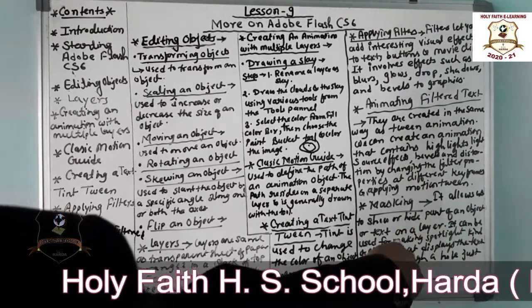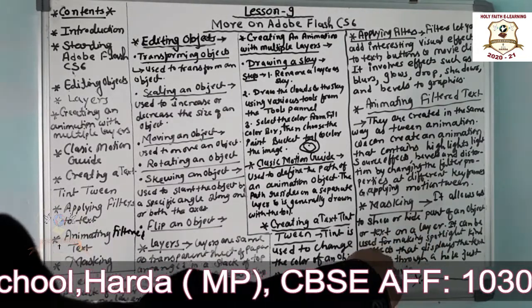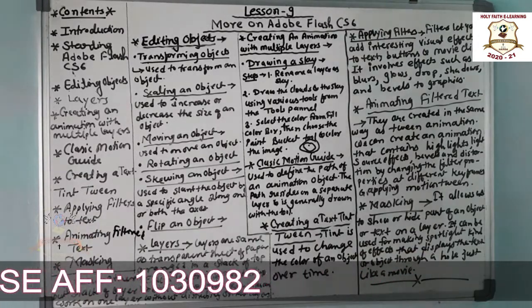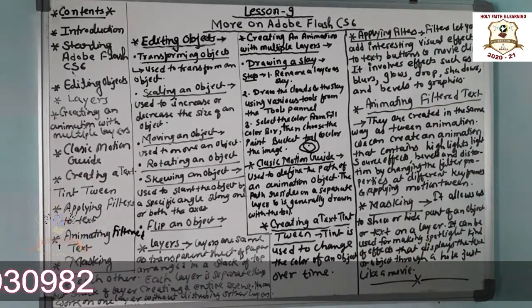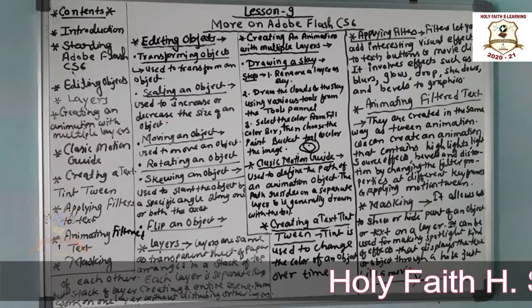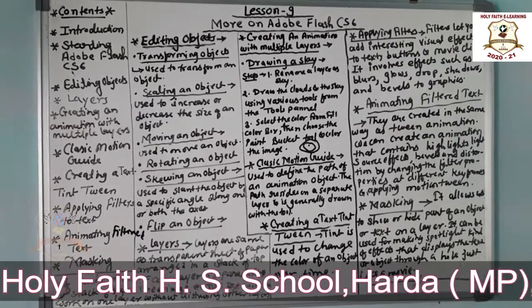It can be used for masking, spotlight kind of effects that display the text or object through a hole, just like in a movie. We can apply different types of masking on the text on a layer.